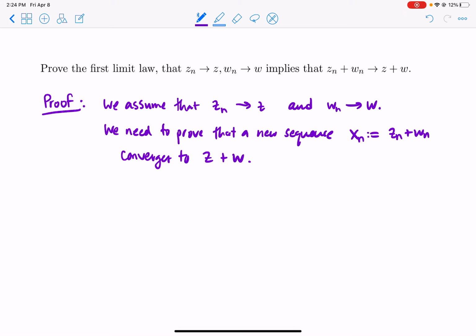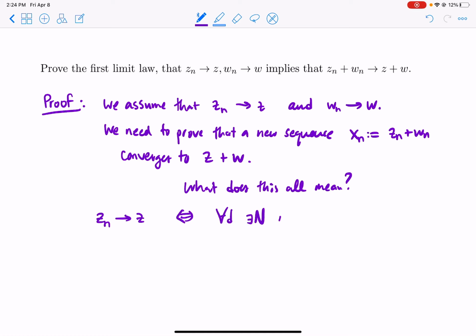So we need to show, what does all this mean? So I'm helping my reader by explaining Zn goes to Z means that for all d there exists a capital N such that when you go past capital N, you have that the absolute value of z sub n minus Z is less than d.